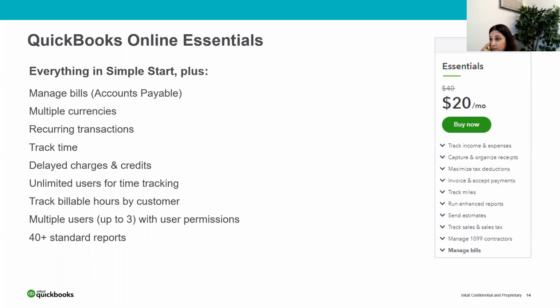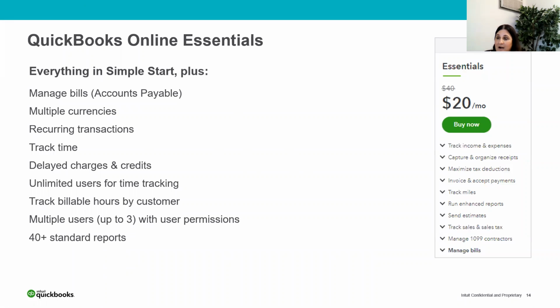Most of our clients use either this version here, which is QuickBooks Online Essentials. It offers a little bit more. You can run more reports with it. And I know that folks sometimes run into issues where they need reports for the bank.